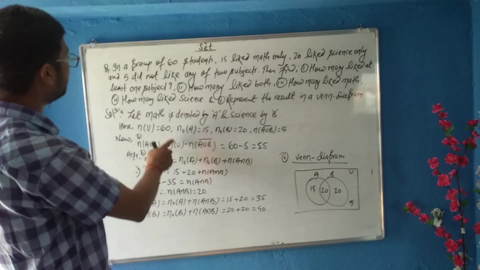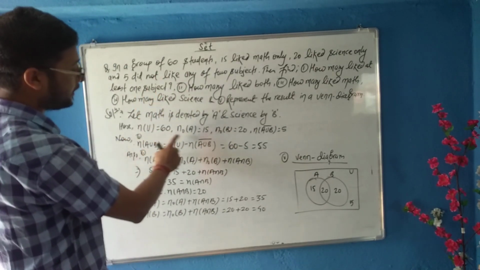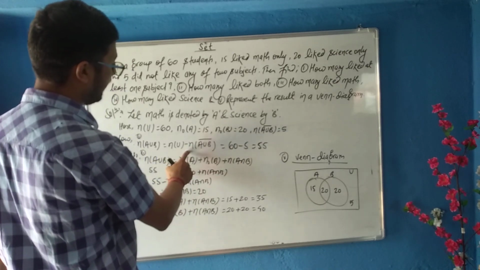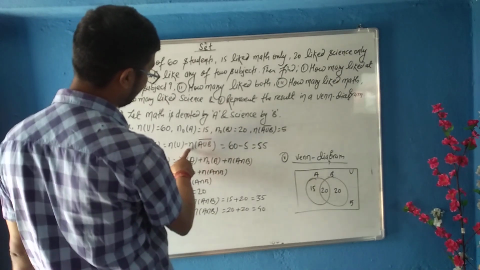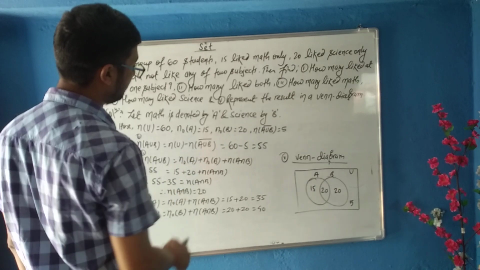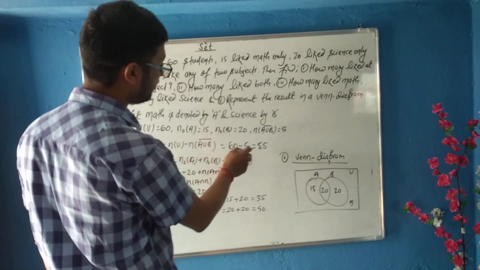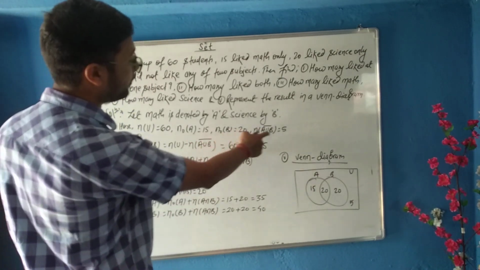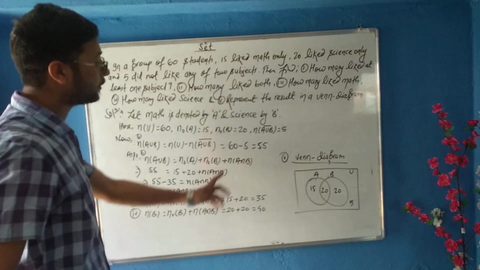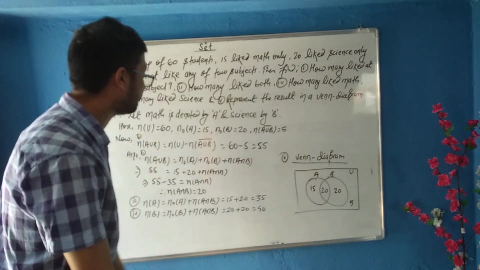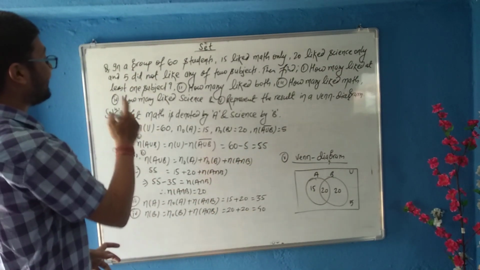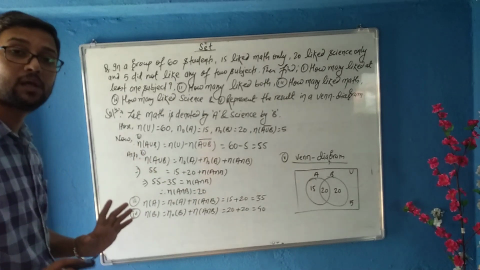The n(U) value is given here, 60, and the complement value is also given here, 5. So 60 minus 5 equals 55. So this is called at least one subject. That means A union B.